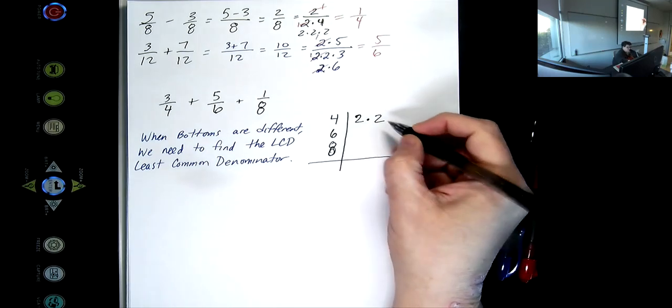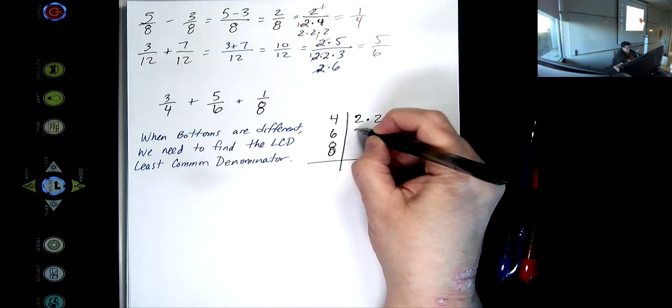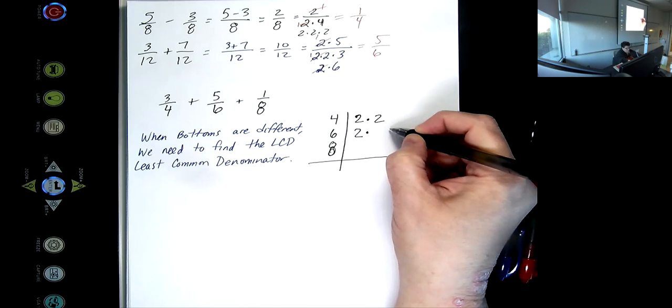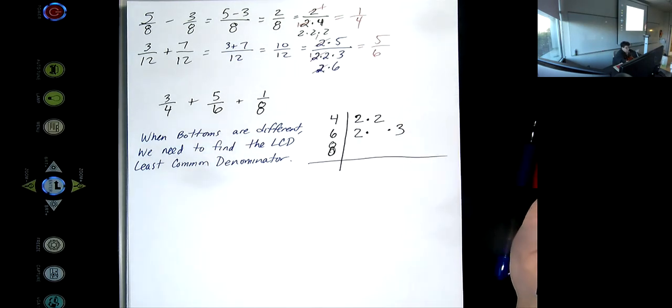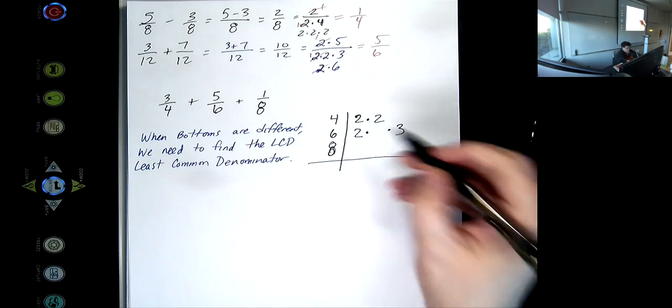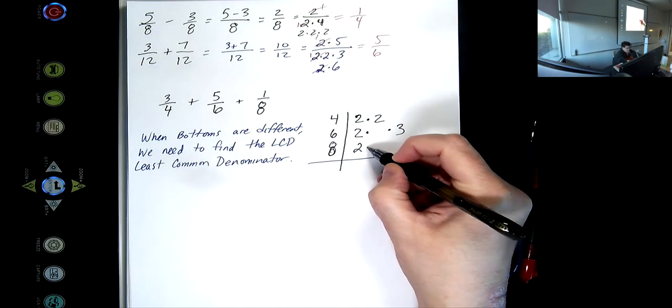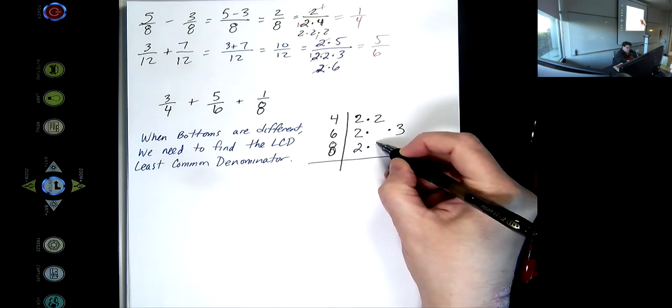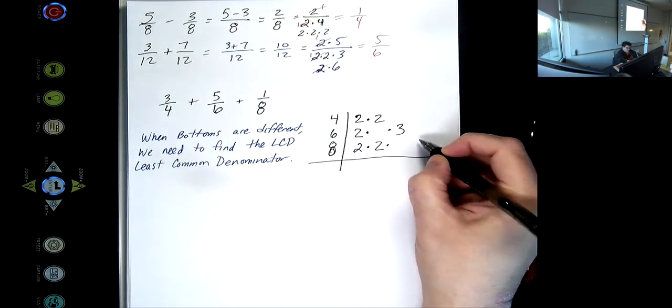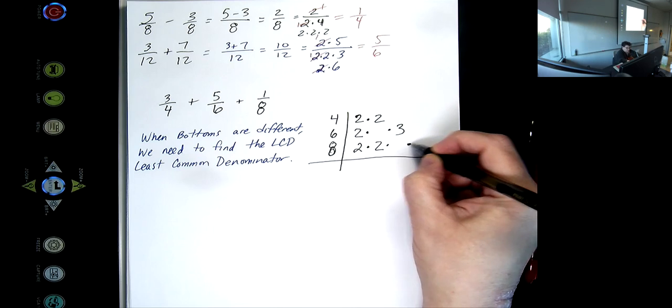So 6 is 2 times 3. I have a column for a 2. And I don't have a column for a 3, so I'm going to come over here and make a column for a 3. And 8 is 2 times 4, which is another 2. There's 3 2s here. And so I need a third column for another 2.